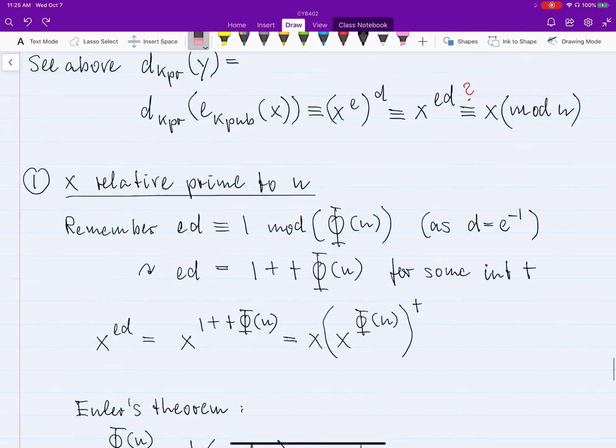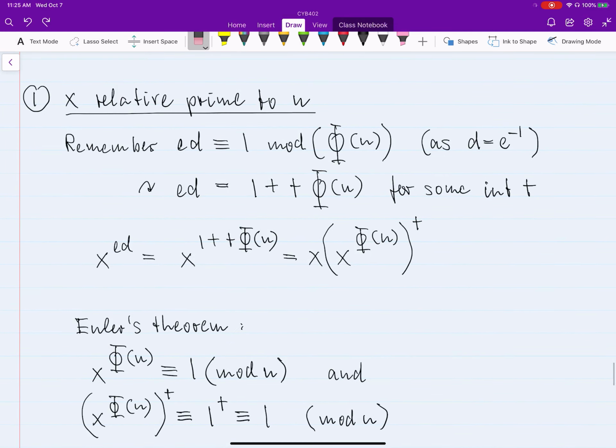So the proof relies greatly on Euler's theorem, which involves the phi of n. And the proof actually shows you where the phi of n comes into play, because before it was kind of strange.